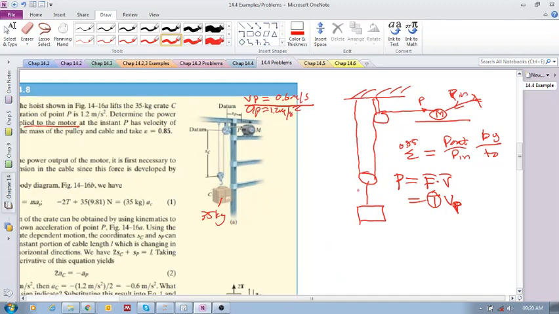So how would we find the tension in this cable? We would say the sum of the forces in the Y is mass times acceleration of the crate, that's C. One thing I want you to take note of, which is quite important, is that because we have pulleys here, we will also carry out pulley equations, the absolute dependent equations. And it matters whether you take down as positive or up as positive.